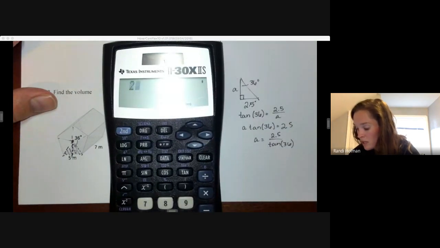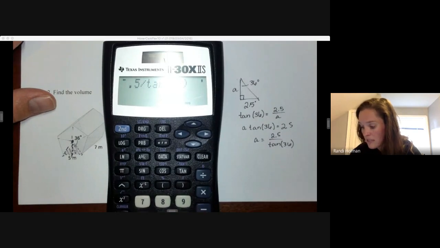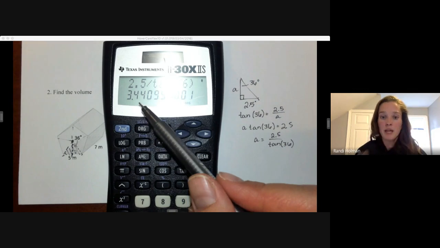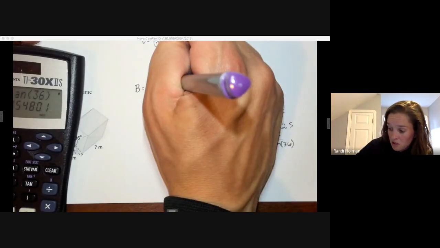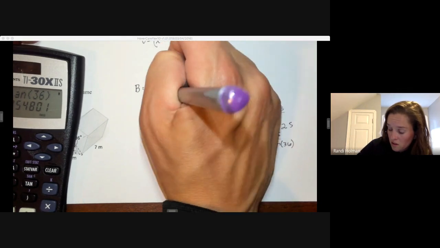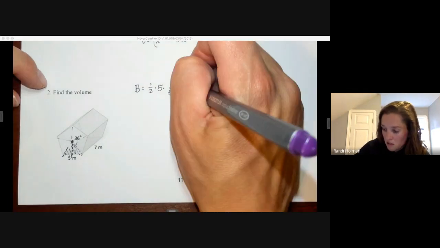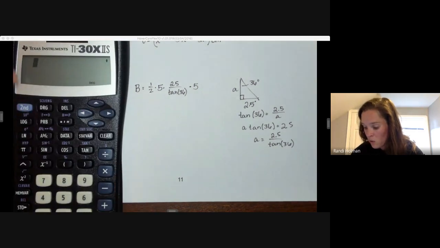So if you do type it in your calculator, make sure you use this exact answer that you get here, which is about 3.4409. Or you can actually just put that into your equation here, however you want to do it. So 1/2 base times height, that's the area of this triangle, and it's a pentagon, so there are 5 of them. So let's find what that actually is.